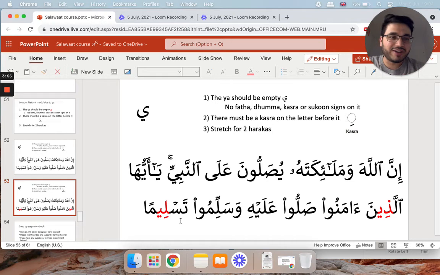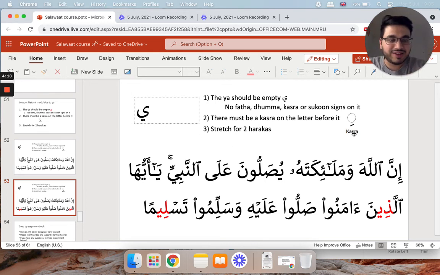So to summarize real quick, we are now looking at a mud which happens naturally due to the ya. The conditions for this are that there are 2 things. Firstly, the ya should be by itself. There should be no fatha, dhamma, kasra, or a sukoon sign on it. Secondly, before the ya, there should be a kasra present.